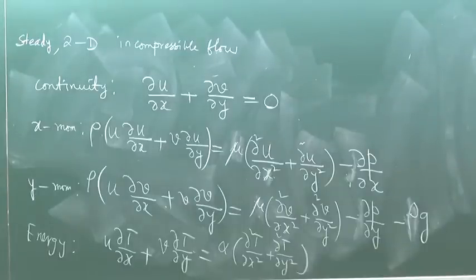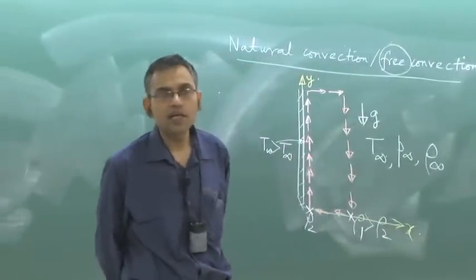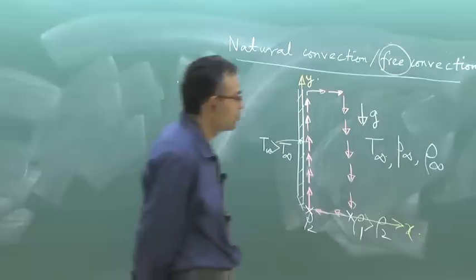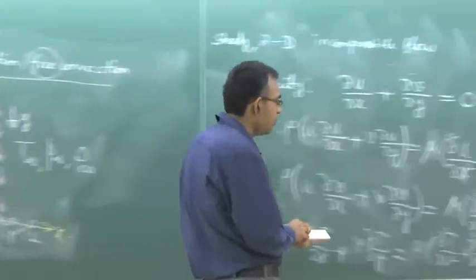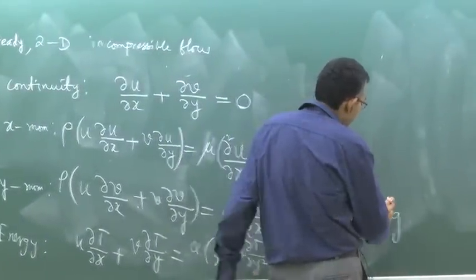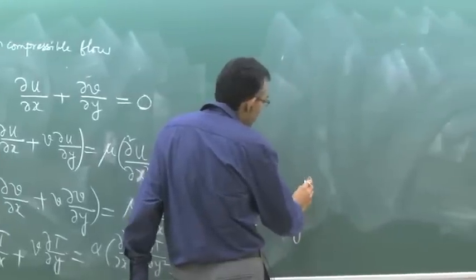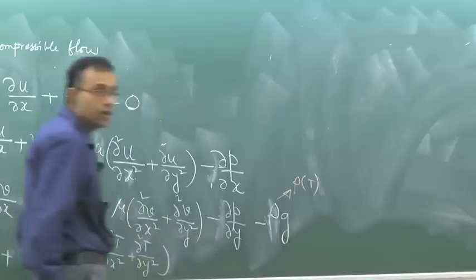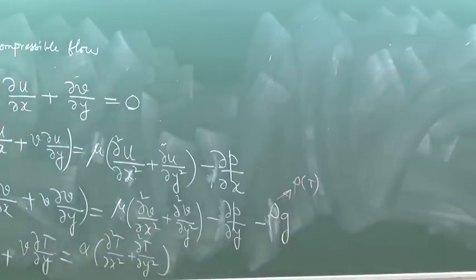Now first let us try to qualitatively understand the interlinkage of these equations. First of all, this rho is a function of what? This rho is a function of temperature.